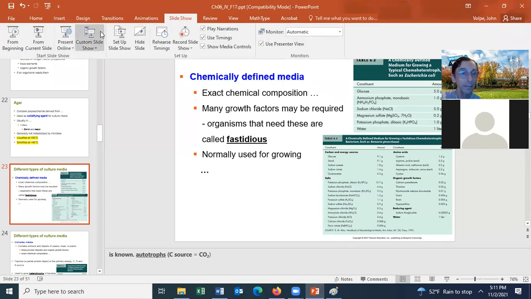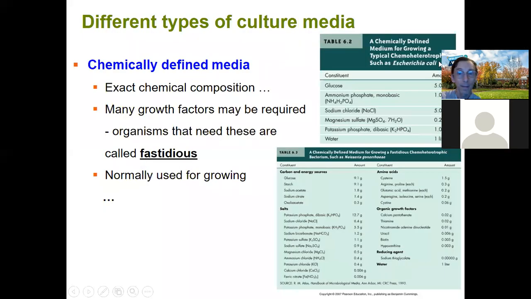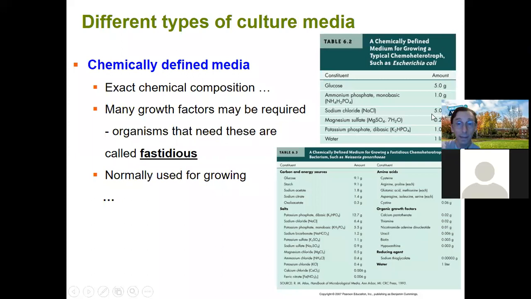Let me blow this up a little bit so we can see it easily. So this is a chemically defined media. When we add distilled water, you're not adding any other molecules other than H2O, and anything dissolved in the water, like carbon dioxide, will be dissolved in the water.